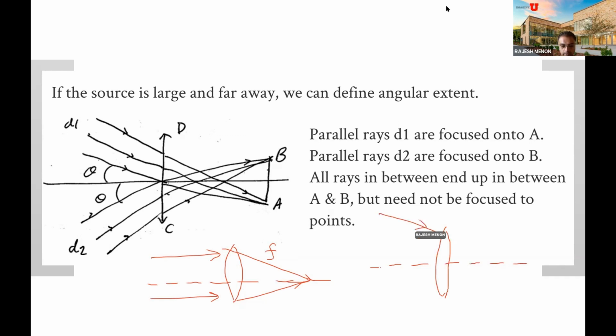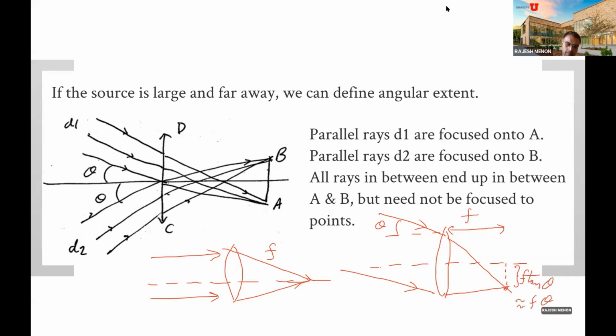I'm going to draw rays coming in at an angle. What will happen? We know that this will focus at a location which is a little bit shifted down. And it is shifted down by a very exact, precise amount that depends on theta. We know that this distance is f, and this shift is f times tan theta, or for small angles, f times theta, where theta is in radians.